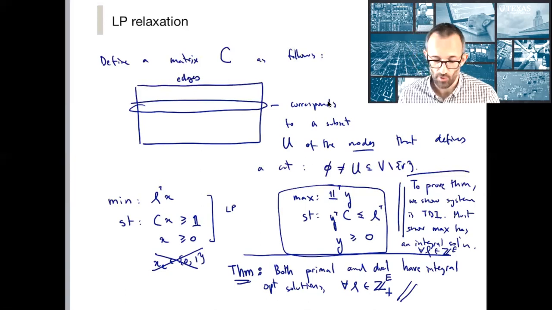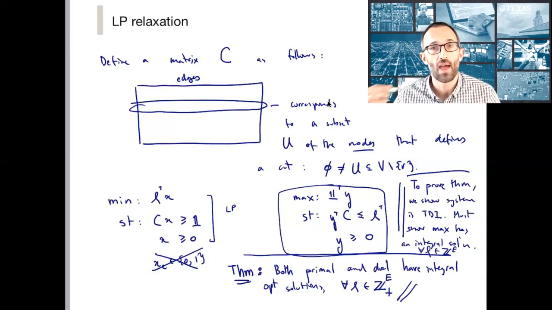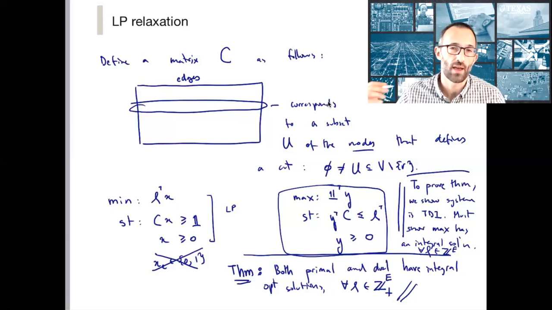So if you look at the primal, if L has some negative values, there is nothing in the constraints that we've written that stop X from taking an arbitrarily large value. So the primal would be unbounded, the dual would be infeasible. And that's why it's enough to show. Remember, the TDI result only required us to show integrality whenever strong duality holds. So this is the bridge between showing something for every L that's integral versus for every L that is a non-negative integral.